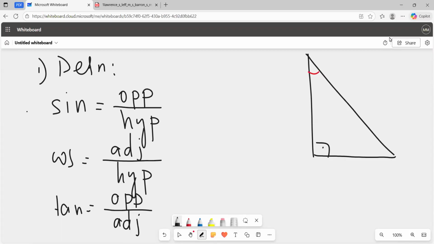Okay, let us consider that our triangle is ABC and the sides are a, c, b.